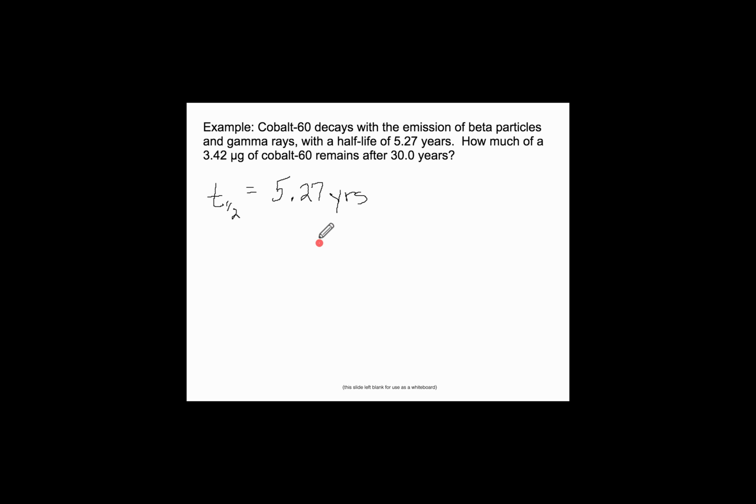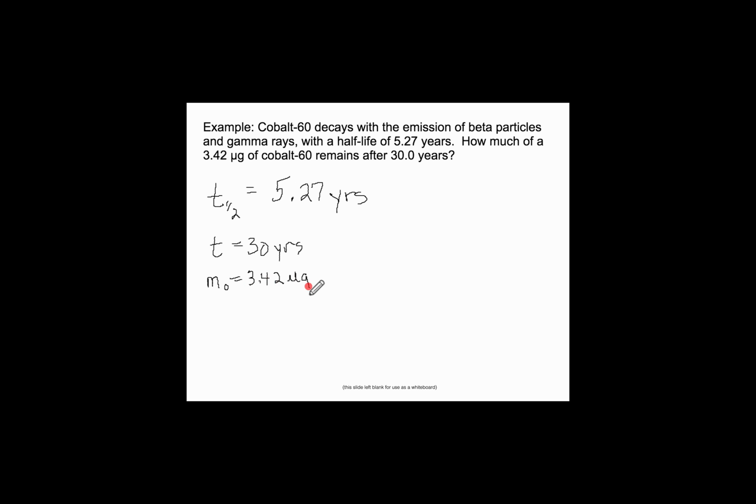It asks how much of 3.42 micrograms of cobalt 60 remains after 30 years. So we have a time, after 30 years, and we want to find out how much of that original cobalt 60 is remaining. The original mass of the cobalt 60 is 3.42 micrograms.